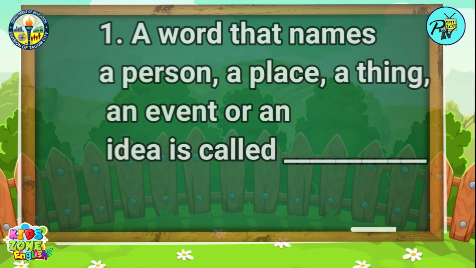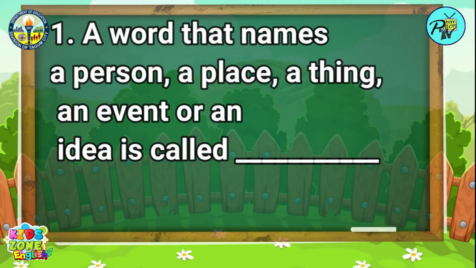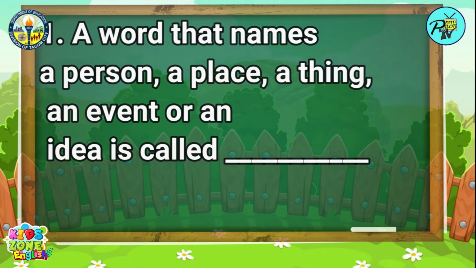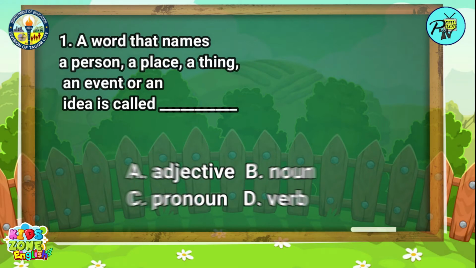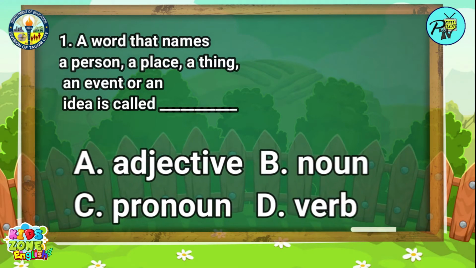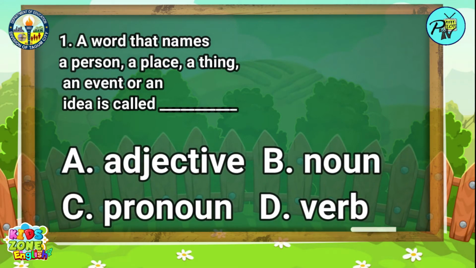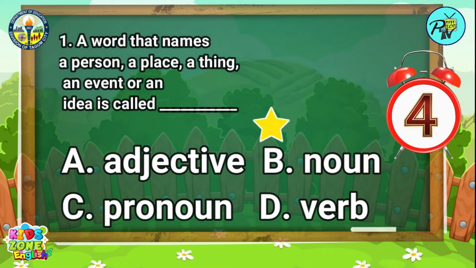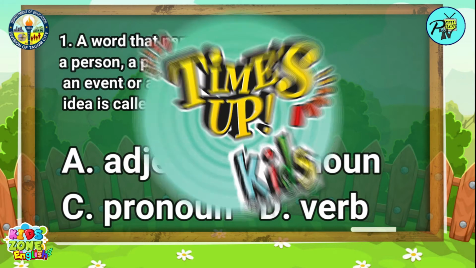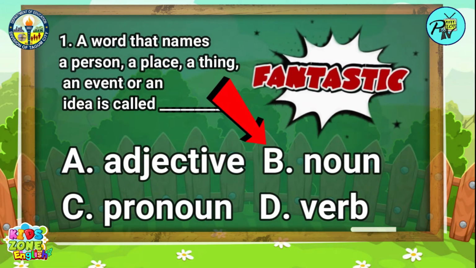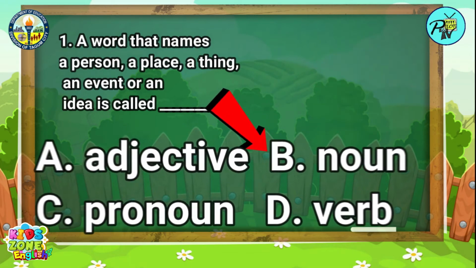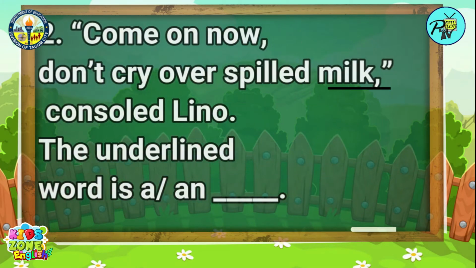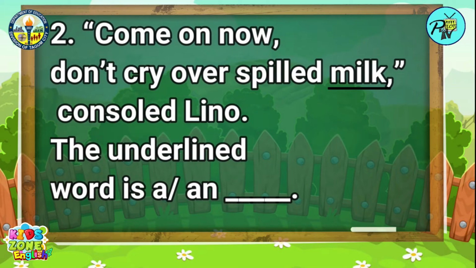A word that names a person, a place, a thing, an event, or an idea is called A. Adjective, B. Noun, C. Pronoun, D. Verb. Fantastic! The correct answer is letter B. Come on now, don't cry over spilled milk.